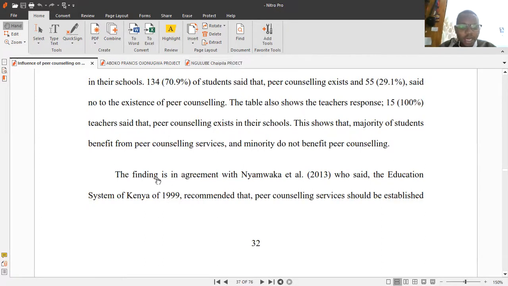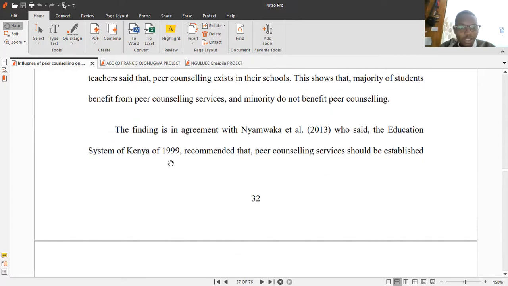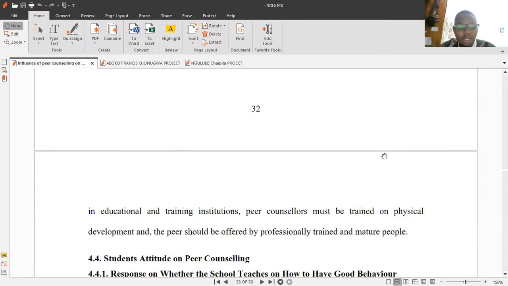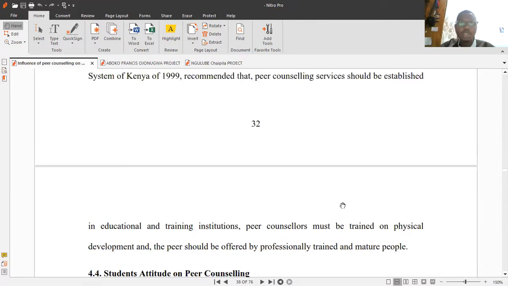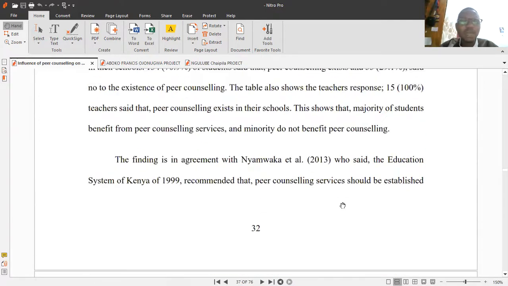For example, you find it is in agreement with Nyamwak et al. 2013, who said the education system of Kenya of 1999 recommended that peer counseling service should be established in educational and training institutions, and then it continues. Now, let me tell you a little bit what it means.